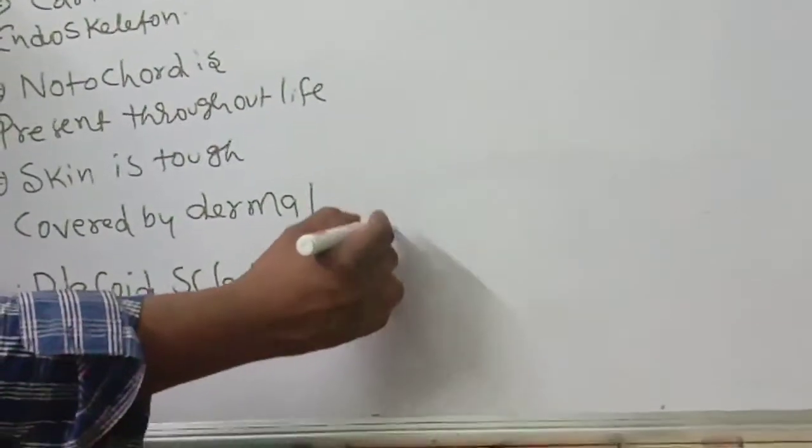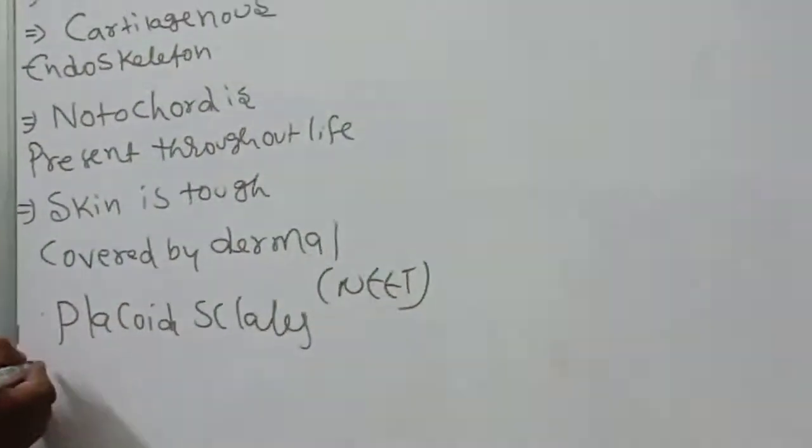So the skin is covered by placoid scales. The next important one is the caudal fin. The caudal fin is heterocercal. What is heterocercal?